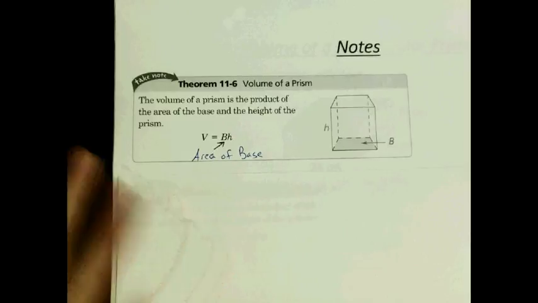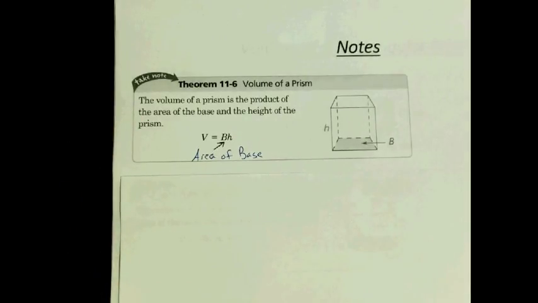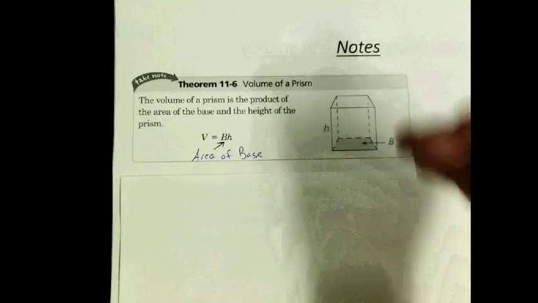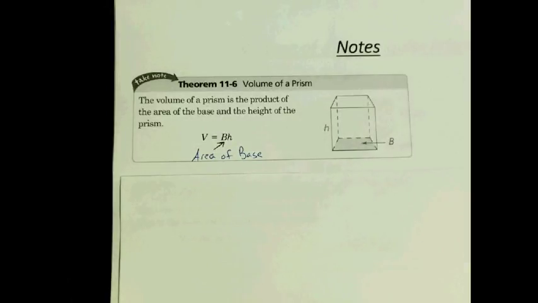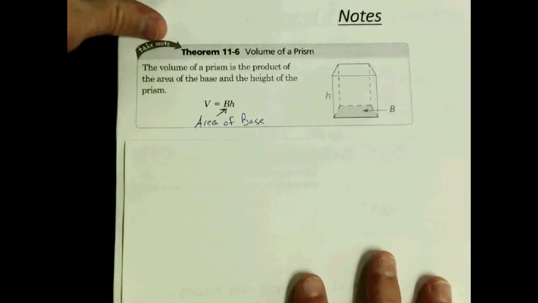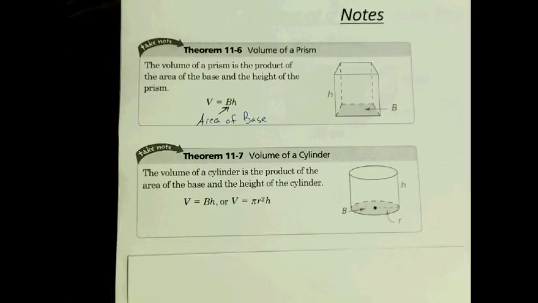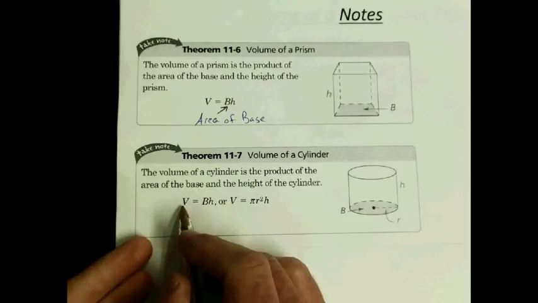Piece of cake. Now, remember how a prism is you have 2 congruent bases. What if the base was a circle? So if the base is a circle, we now have a new shape called a cylinder. Okay, so we have a cylinder, and the volume of a cylinder is the same way.